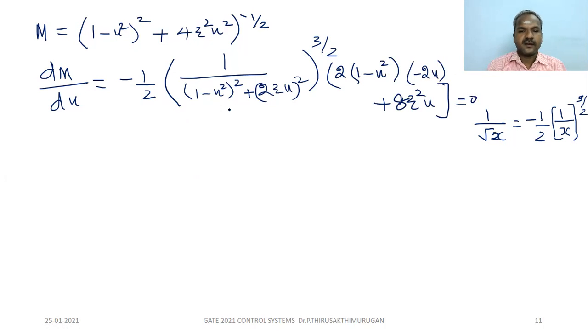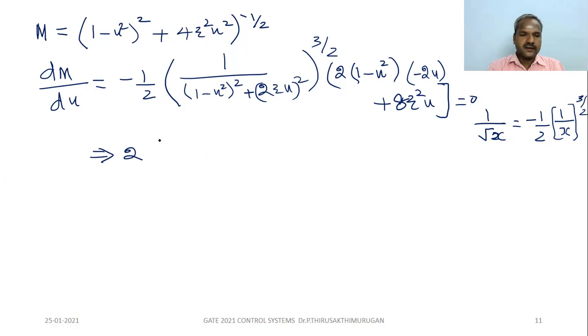If you equate this to 0, the common 2 cancels. The minus is brought to that side, so minus into minus is plus.